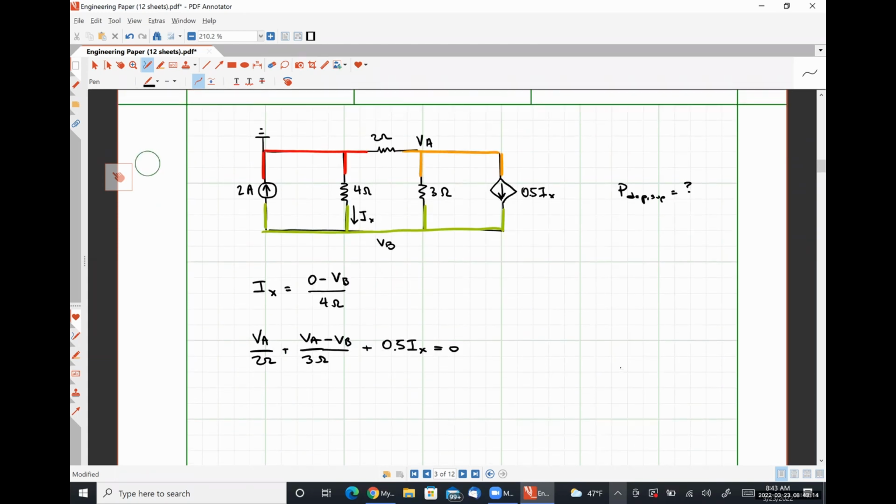And KCL at node B would look like 2 amps plus VB over 4 ohms plus VB minus VA over 3 ohms minus 0.5 IX is equal to 0.